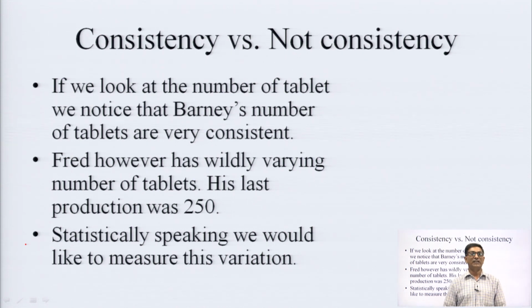We think of 2 points: consistency versus not consistency. If we look at the number of tablets, we notice that Barney's numbers of tablets are very consistent. Fred, however, has widely varying numbers of tablets, and his last production was 250. So, statistically speaking, we would like to measure this variation.